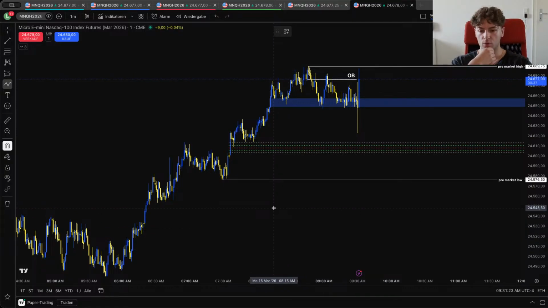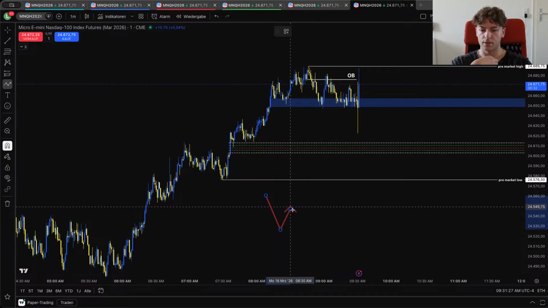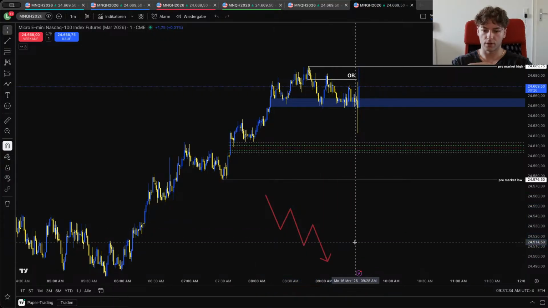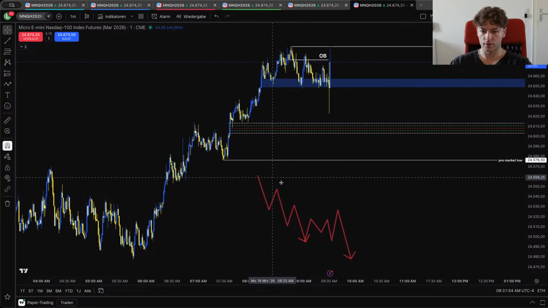If I want to go short, I want to see price make a lower high, lower low, lower high, lower low, and then have some type of relatively equal highs, take out these highs, go short in here, and target these lows. But that's not the scenario for right now.